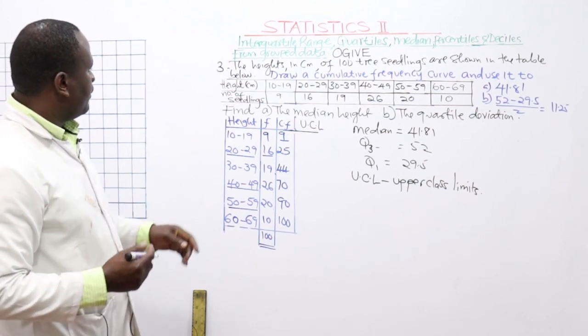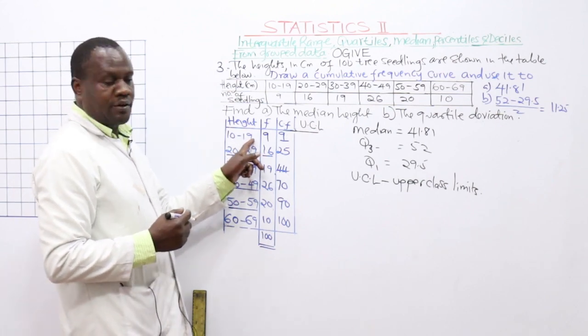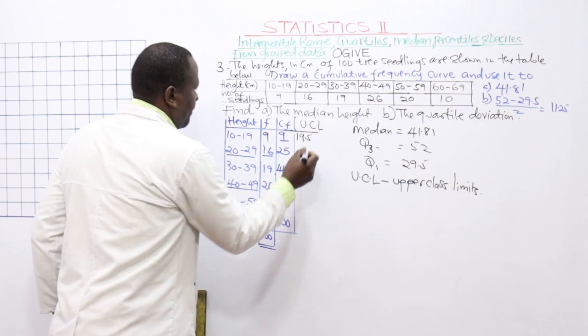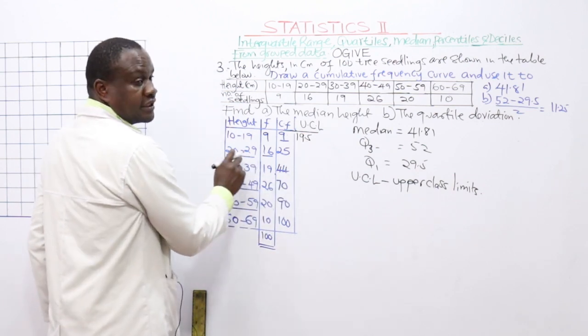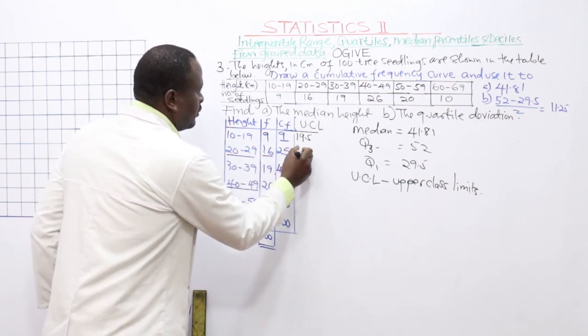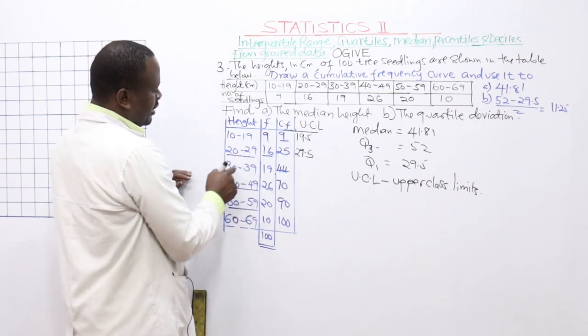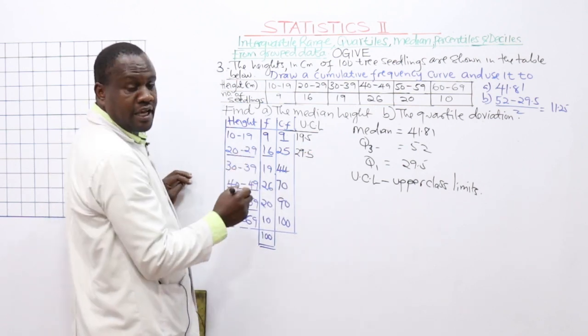Now, the upper class limit of this class is 19.5. For this class it is 29.5. That means between 29 and 30 is 29.5.